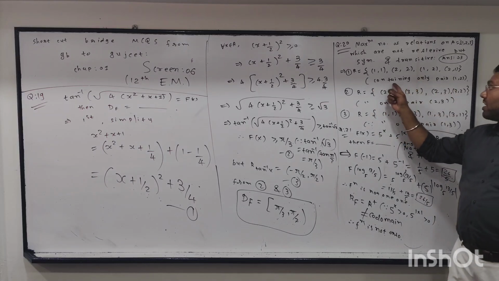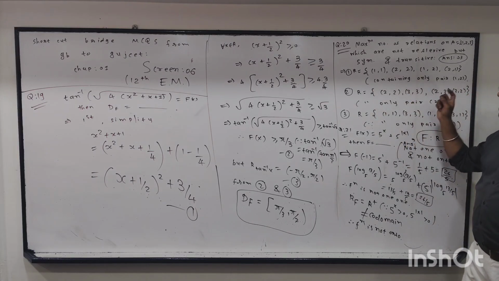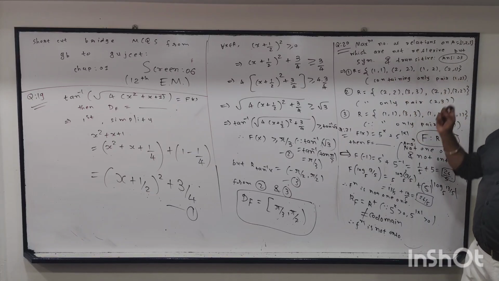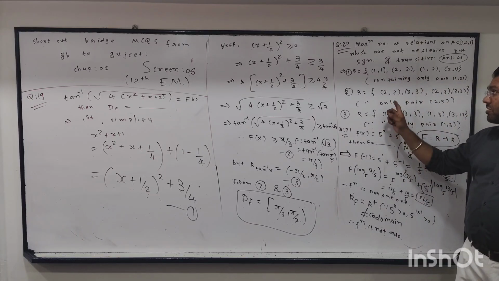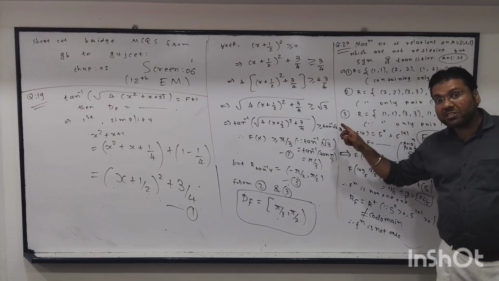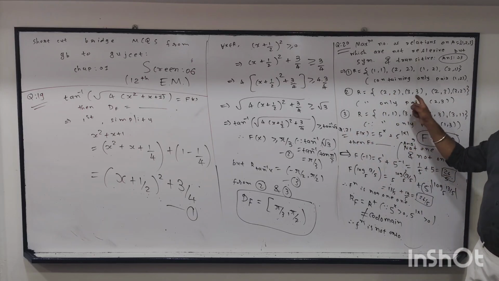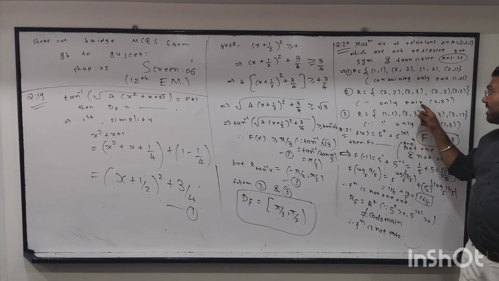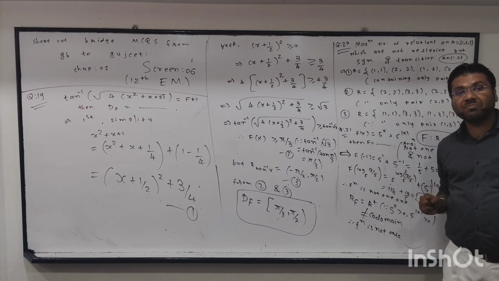First relation is the relation containing only the pair 1 2, that is 1 1, 2 2, 1 2 and 2 1. Second relation which is not reflexive but transitive and symmetric: 2 2, 3 3, 2 3 and 3 2, which is containing only the pair 2 3.